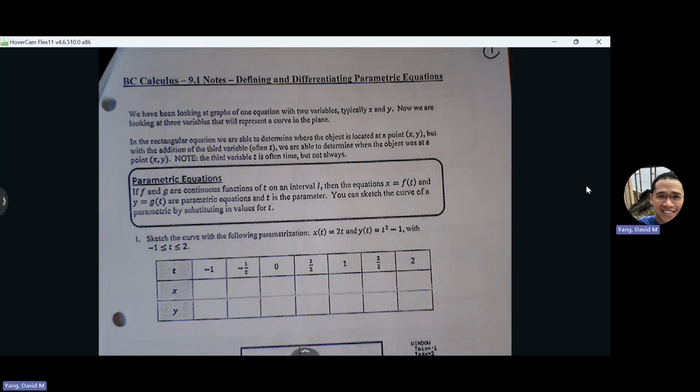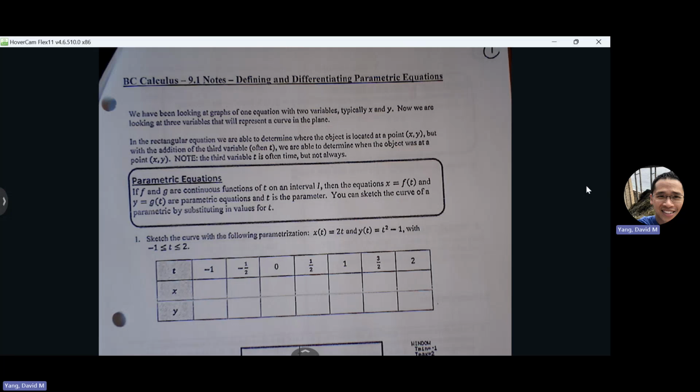The one thing that is probably gonna give us a bit more trouble is polar area. So we're definitely gonna spend a lot more time when we get to polar area. The way that area is found is different than what you would expect from a rectangular graph. So that will take some time to get used to, but we'll definitely spend a good amount of time trying to get more comfortable with that.